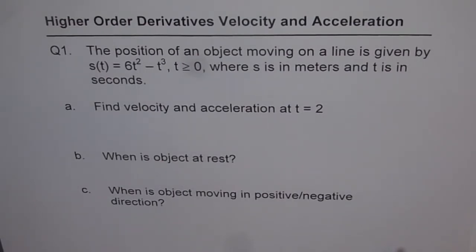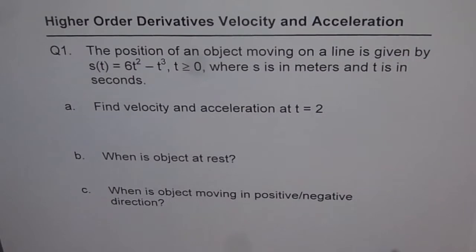Now in almost all the questions here, s will represent displacement, t time, displacement will be in meters, time will be in seconds, and the first derivative of displacement will be velocity, the second derivative will be acceleration. Now A, find velocity and acceleration at t equals 2. When is the object at rest? When is the object moving in the positive or negative direction?